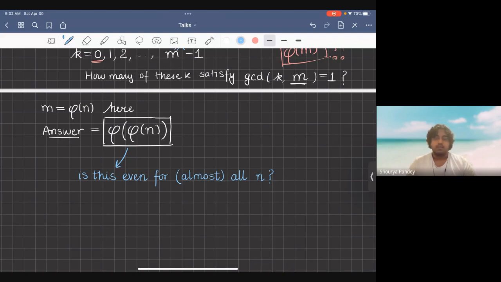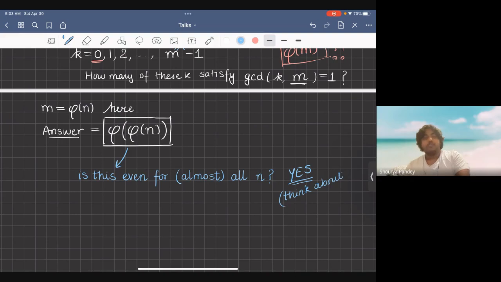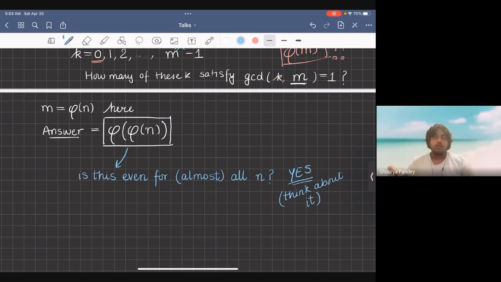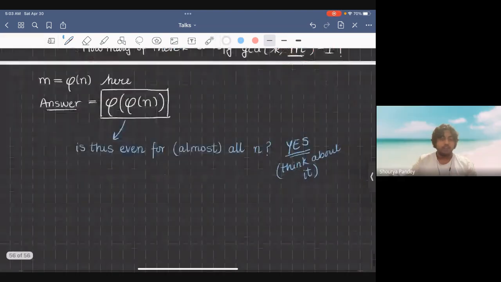Why? Because if x is co-prime to n, then so is n minus x. And if n is even, it's the same thing, and n by 2 cannot be co-prime to n, for n at least 3.